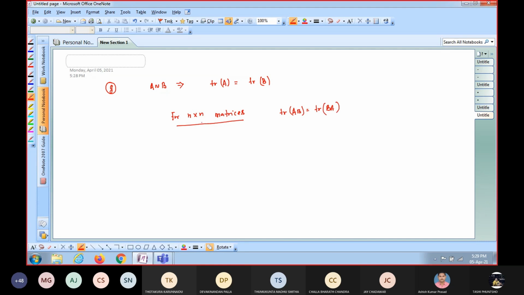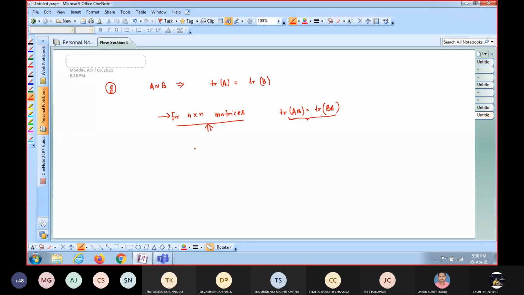See, this is only applicable to n by n matrices. If they are not of the same order, then it may not be a valid result, right? Because if you take A as 2 by 3 and B as 3 by 5, then BA will not be defined. So we can't have equal trace. Even trace is not defined, right? So this property is only applicable when both A and B are n by n matrices.